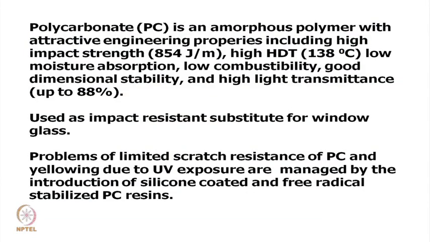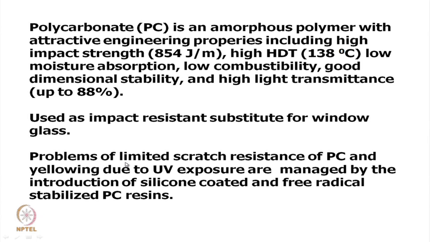Since it can withstand very high temperature, it can be used as a baby feeding bottle, which is sterilizable at autoclave temperature. Now, this is about the application: polycarbonate can be used as a high impact resistant substitute for window glass.